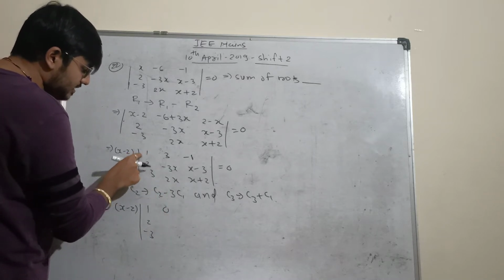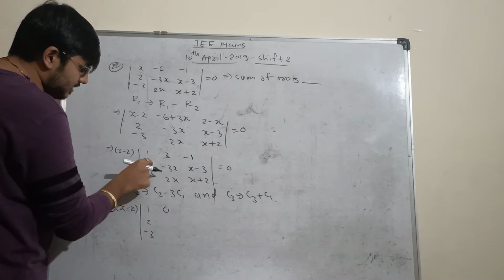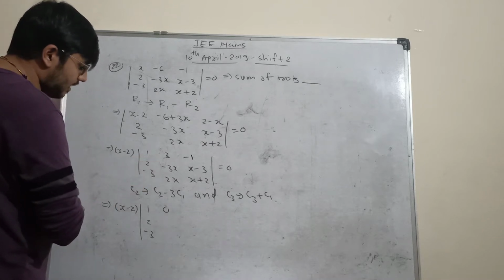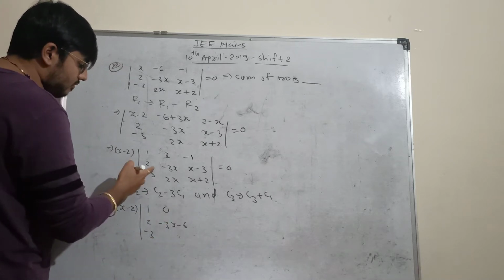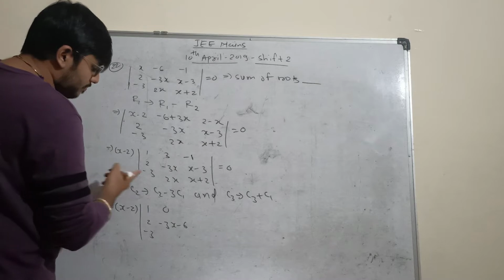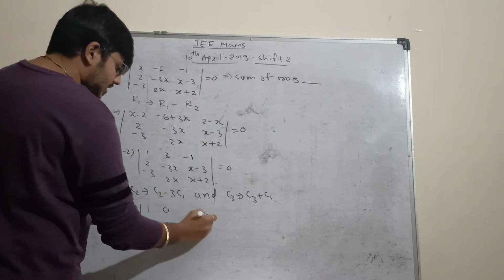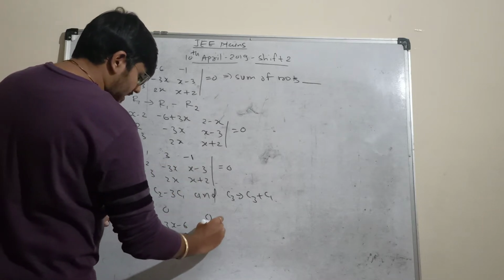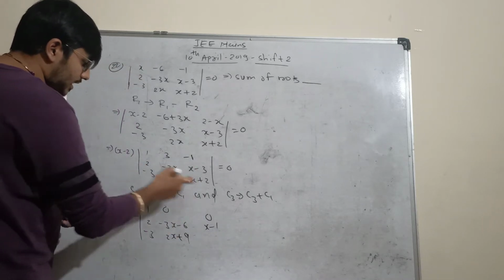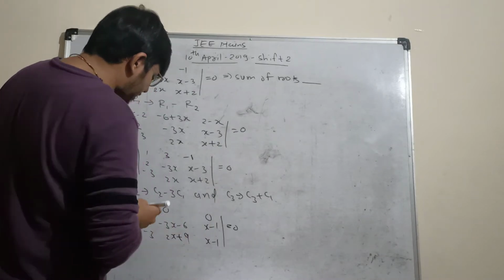I multiplied the first column with minus 3, so it will be minus 6. So it's minus 3x minus 6. Again it will be minus 9, so plus 9, so it will be 2x plus 9. Then here 0. I directly add, so it will be x minus 1, and here x minus 1 equals 0. So can we take something common?